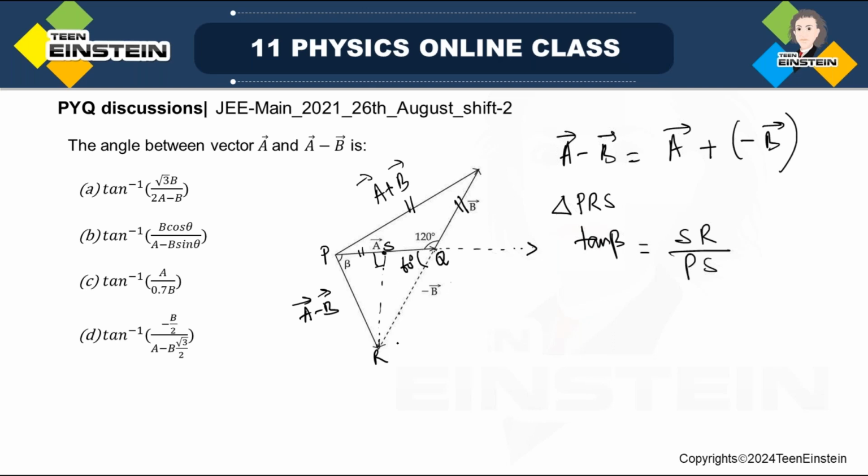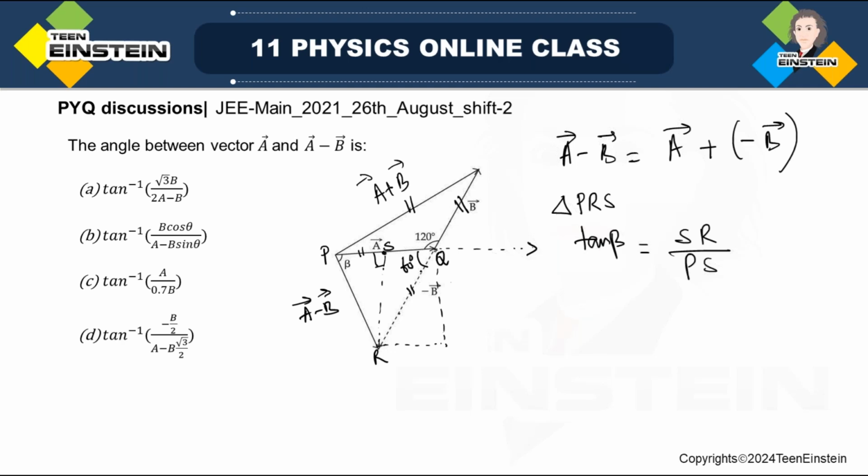Look, if I drop a perpendicular, okay, perpendicular means this is the height. This is exactly equal to SR. SR is kind of height, right? So this is B vector.